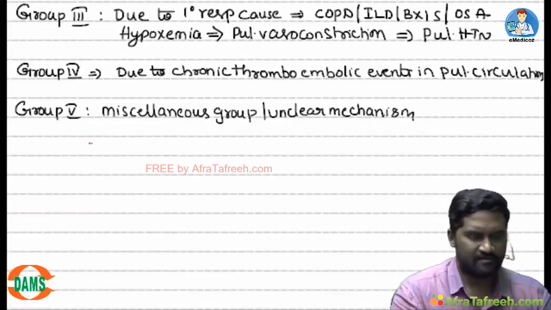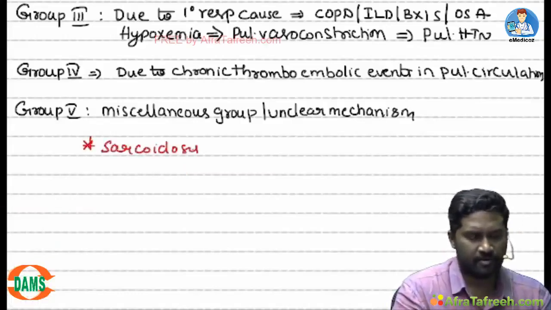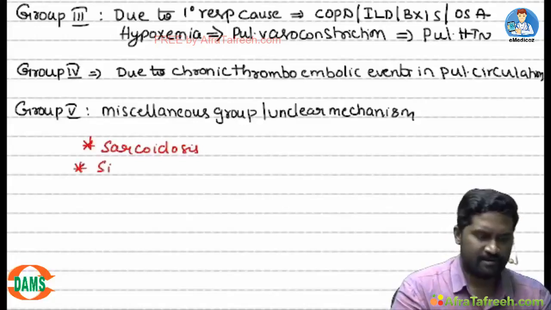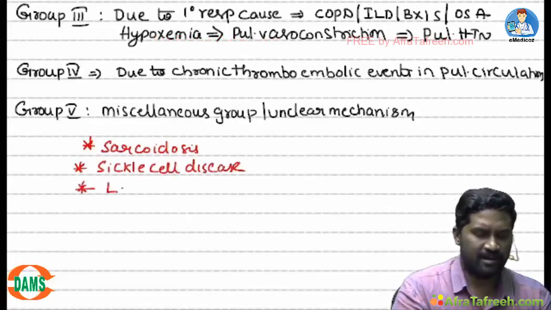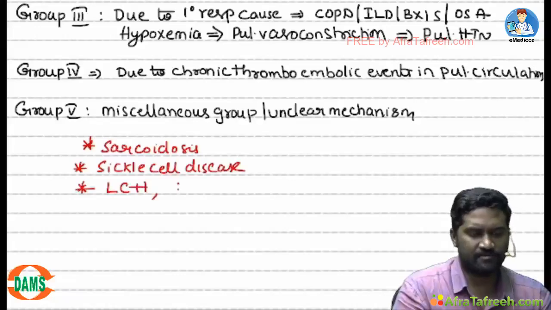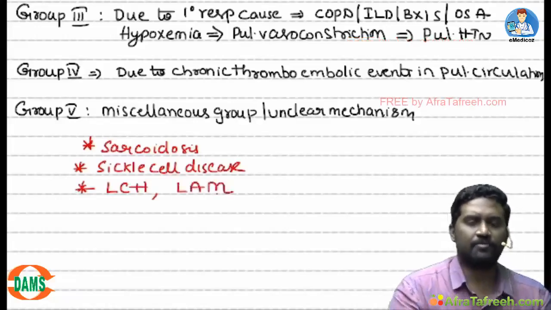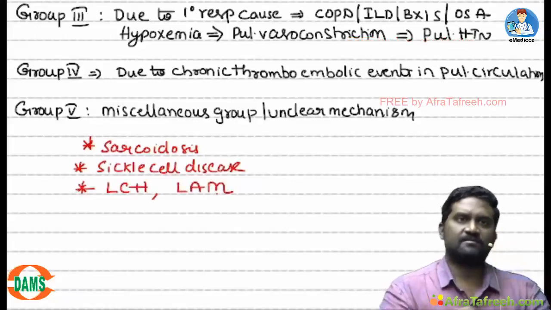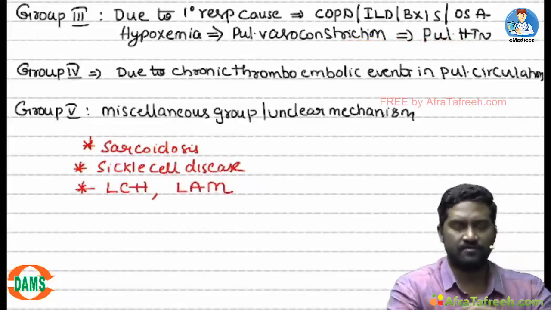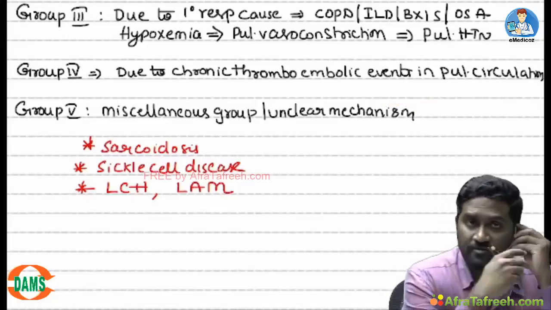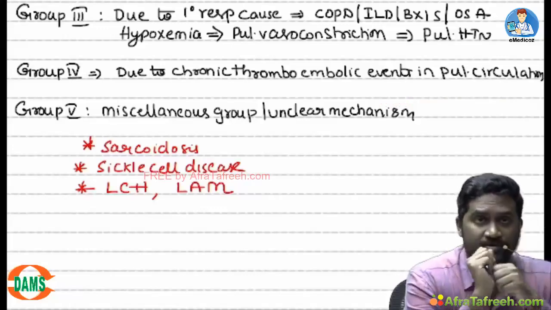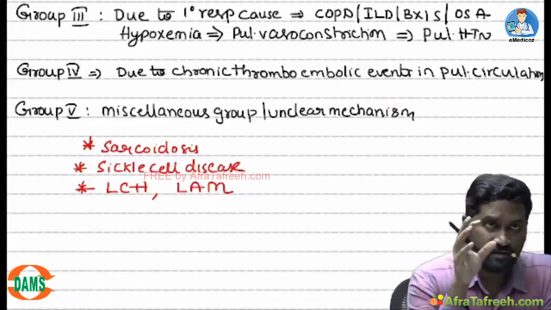Rare diseases such as sarcoidosis, sickle cell disease, Langerhans cell histiocytosis (LCH), and lymphangioleiomyomatosis. So these two diseases also cause pneumothorax. When we discuss pneumothorax, I'll tell you about these diseases.